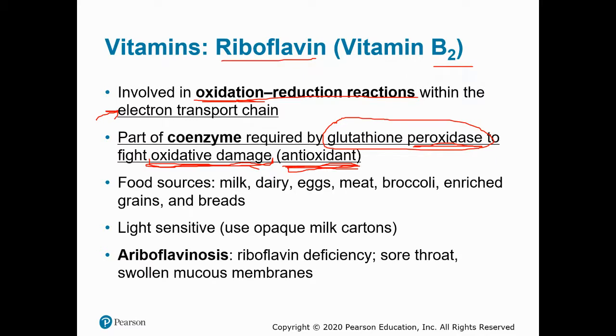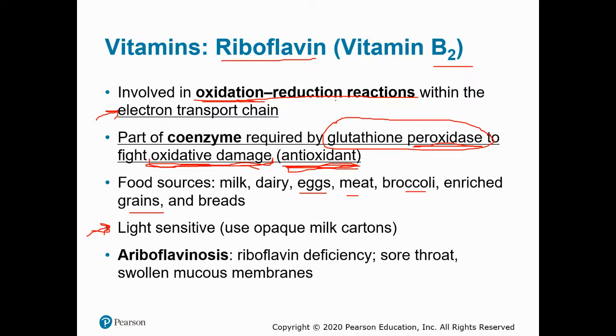Food sources for B2, for riboflavin: milk or dairy products, also eggs, meat, broccoli, and again, whole grains. So we're going to see whole grains are going to be a good source of many of our B vitamins. Of course, all of our vitamins are light sensitive, remember? We said that light, heat, air, meaning oxygen, as well as an acidic environment can all change the structure of these vitamins, whereas minerals are already in their simplest form, so they can't really be destroyed or altered by any sort of environmental factors.